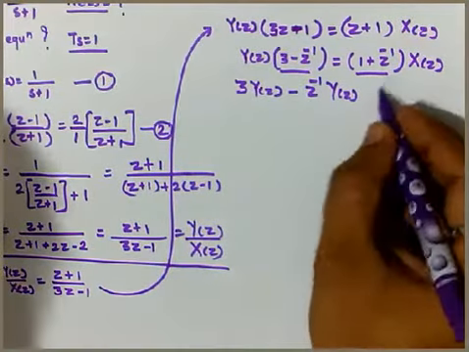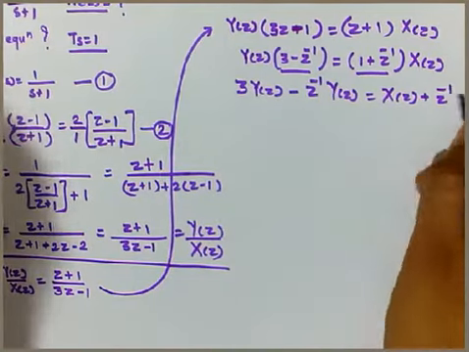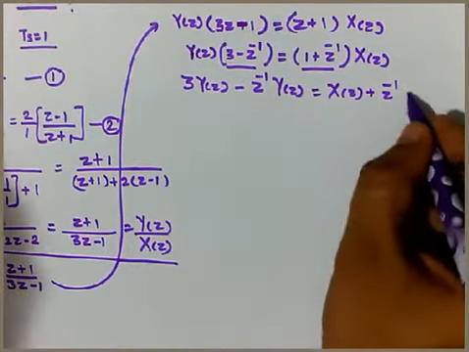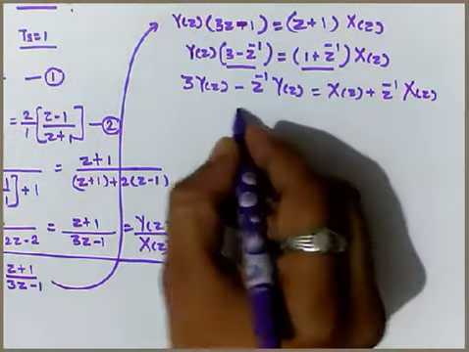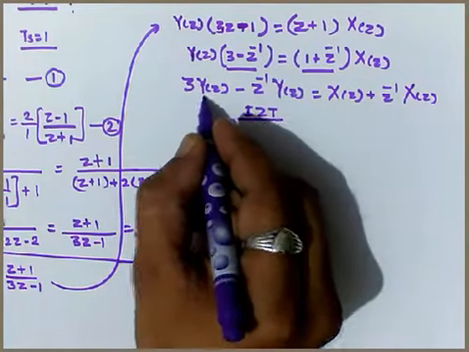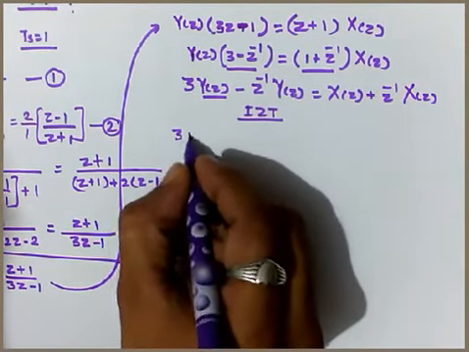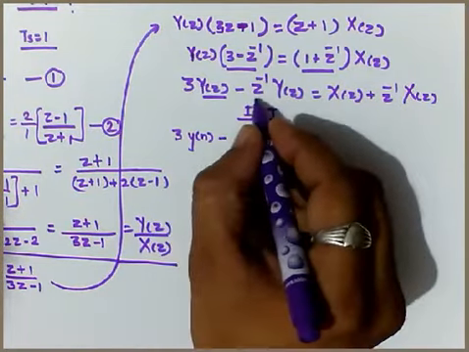So once this is done, let's separate out the terms of y of n and x of n, because at the left hand side we expect that it is only y of n. So 3y of n is equal to x of n plus x of n minus 1 plus y of n minus 1.